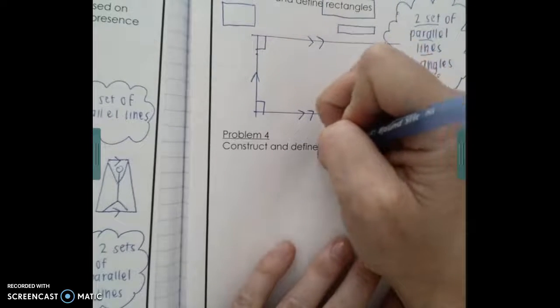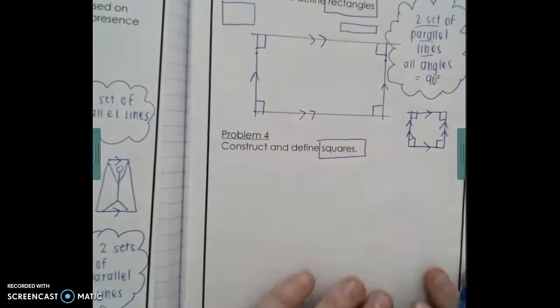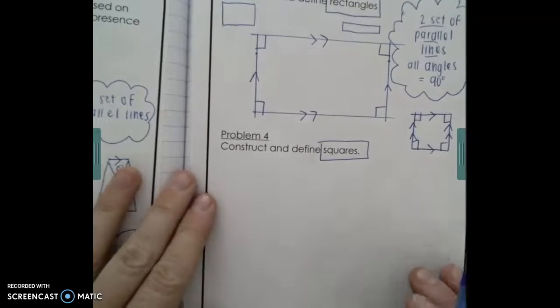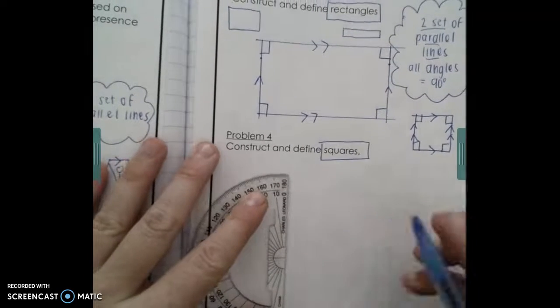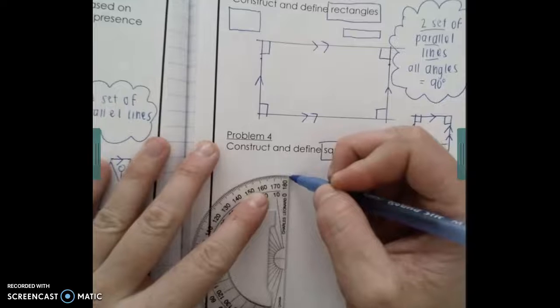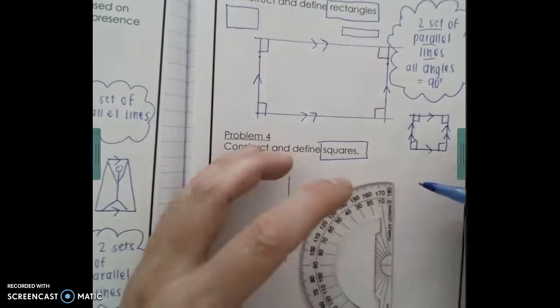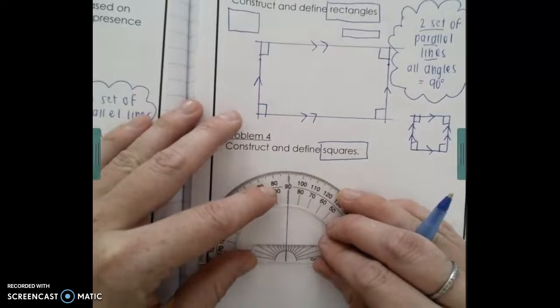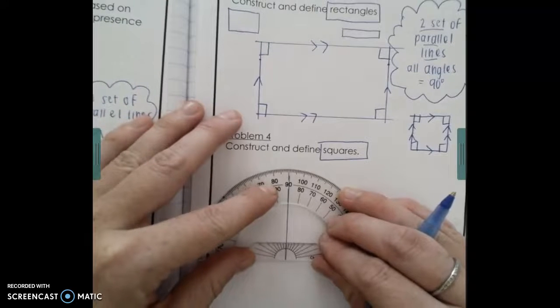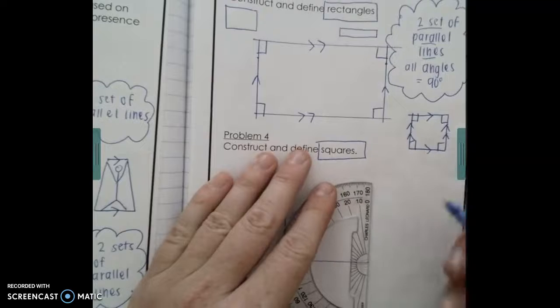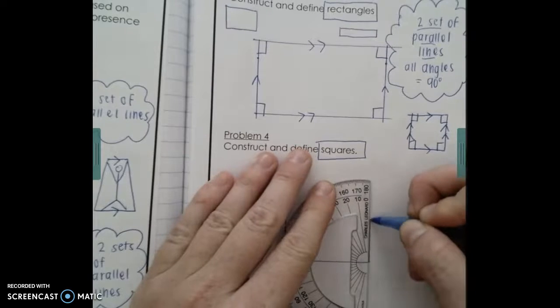Last one, construct a square. So we said a square is like a rectangle, but it has one more thing. So I'm going to measure this so it all is the same length. So I'm going to go to my vertex. Make sure it's 90. Go to the end of my protractor. 90.